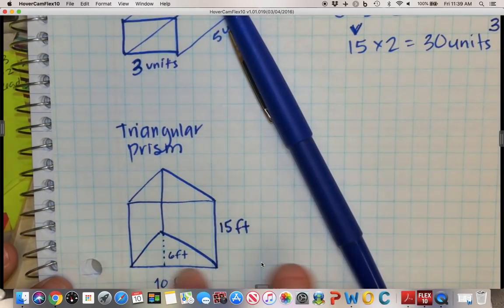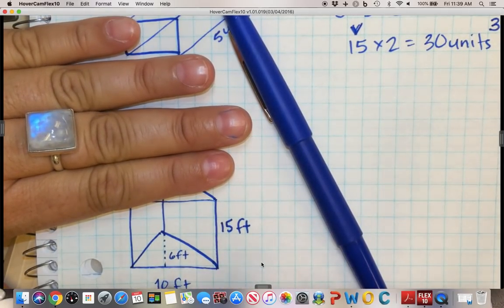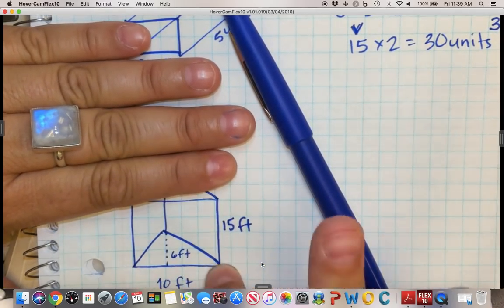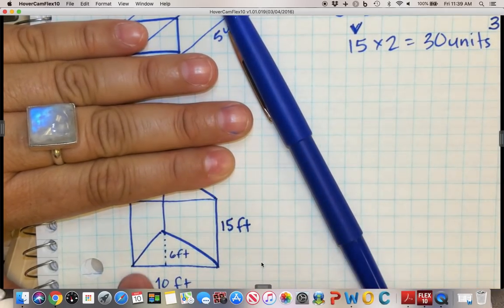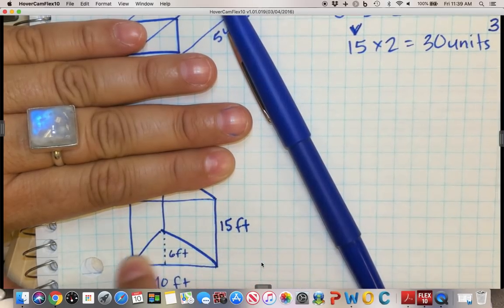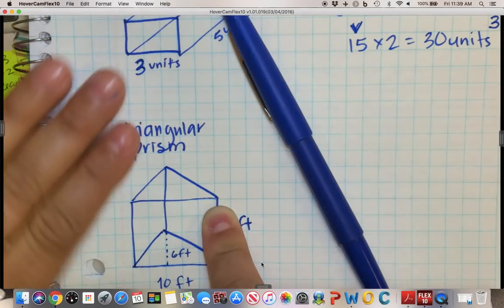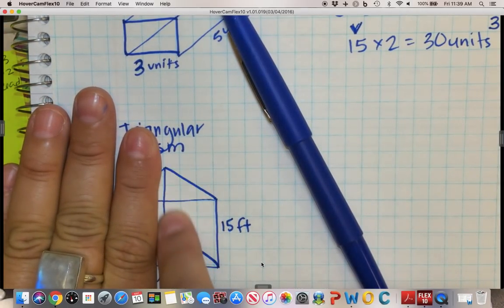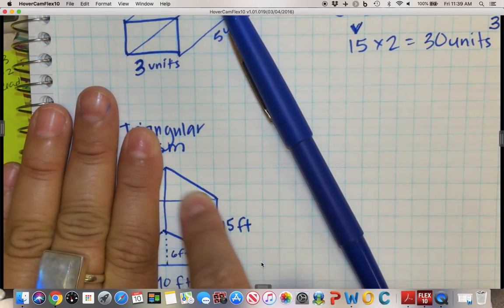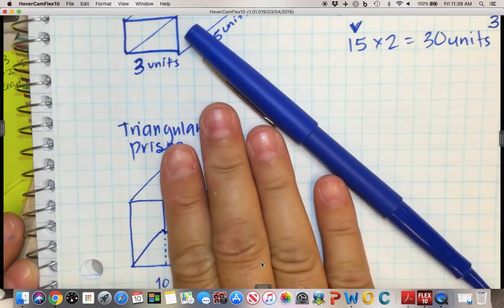So again, here I have my base, and I can see the base. I can look at this rectangle here is 10 by 15, and see that that is one of my faces. Here's my other face, which is also 10 by 15, and then this one.